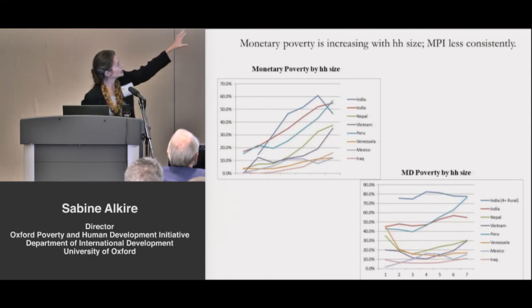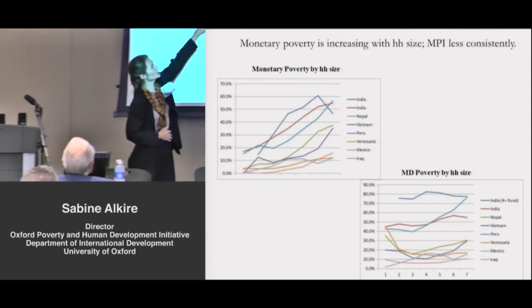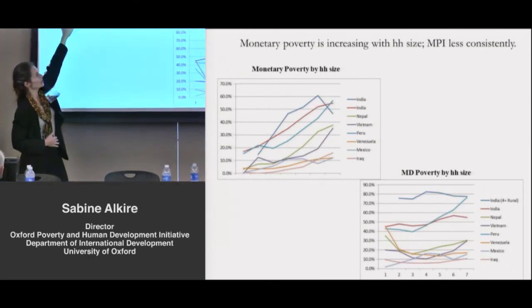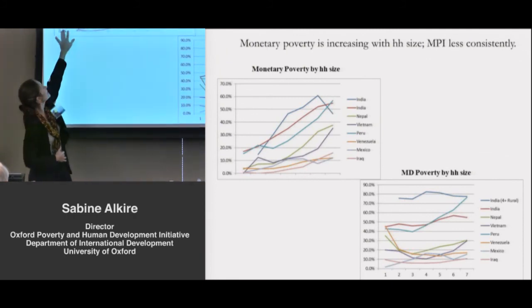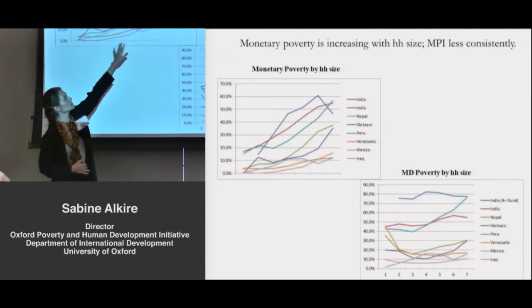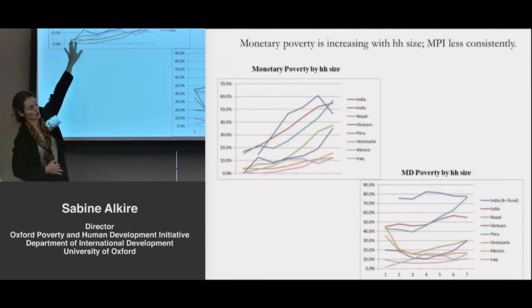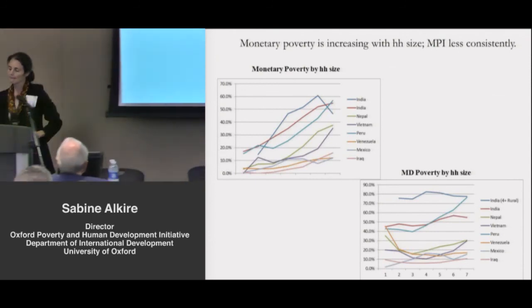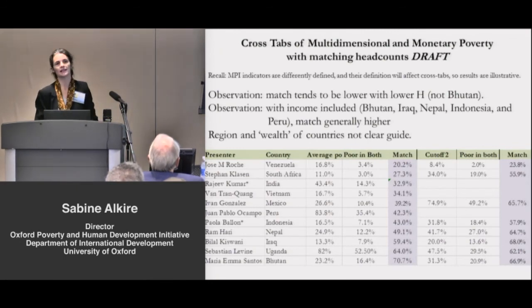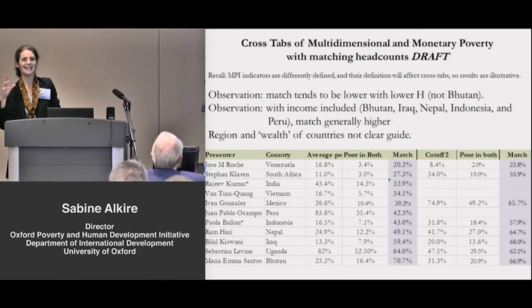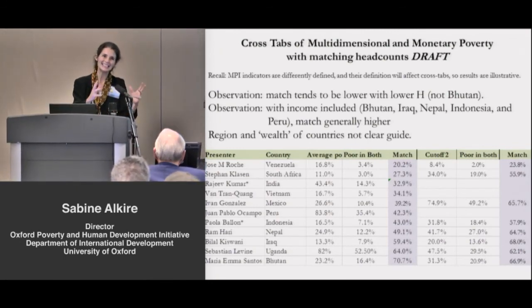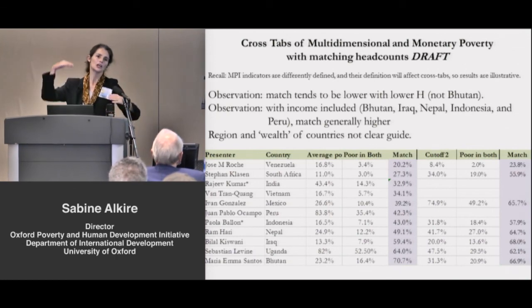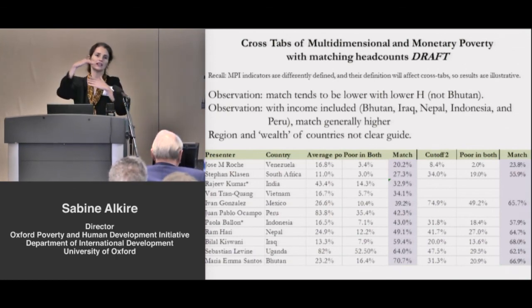We look in, for example, at how monetary poverty works with household size. There is clearly the largest households are poorest, whereas with MPI, that's not always the case. And also where you have data sets that have both income data or consumption data and the indicators for an MPI, looking at, in a sense, the crosstabs, the associations and the matches between different definitions of poverty.